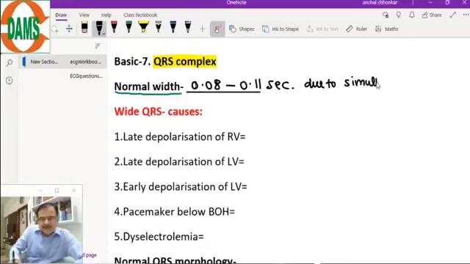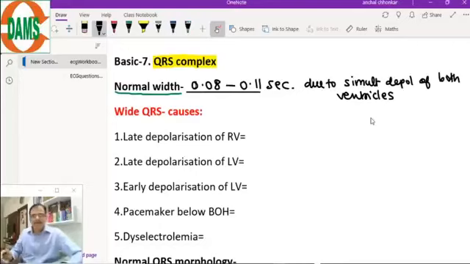Simultaneous depolarization of both the ventricles. This will produce a normal width.